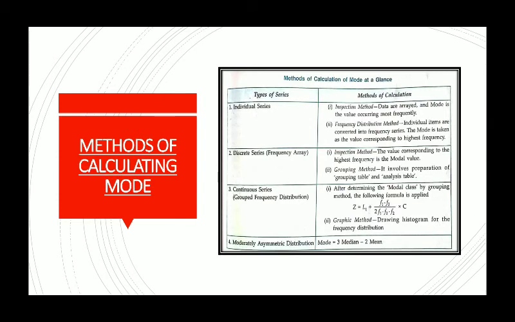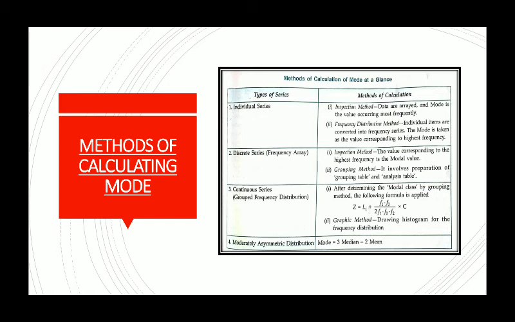Yes, there are many methods given separately for individual series, discrete series, as well as continuous series. For individual series, there are two methods. One is the inspection method, where we can just see the data and say that this is the mode. Second is the frequency distribution method, where we have to convert the data into a frequency series, and then from the table we can say that this is the mode.